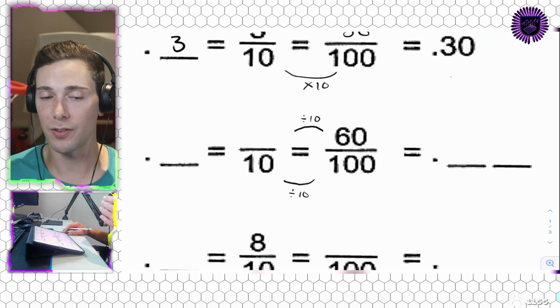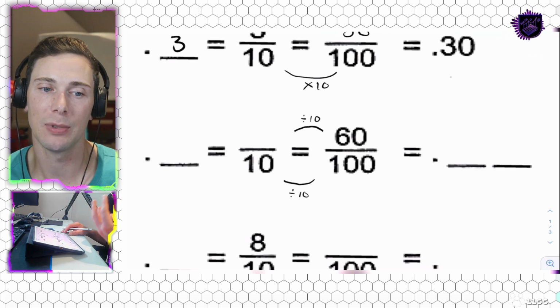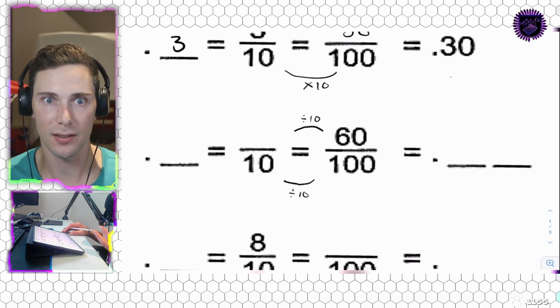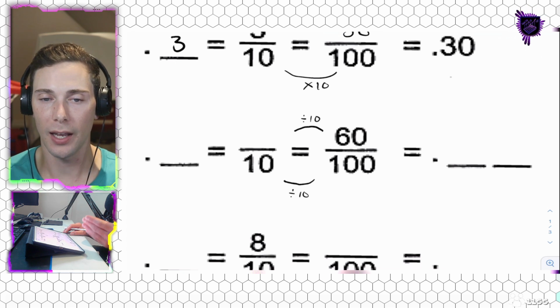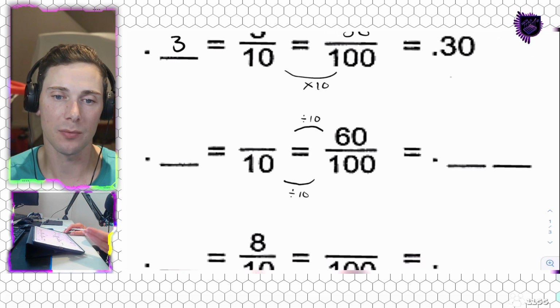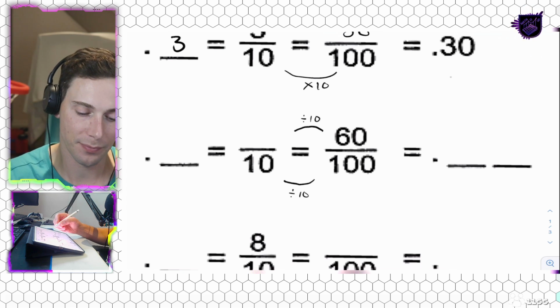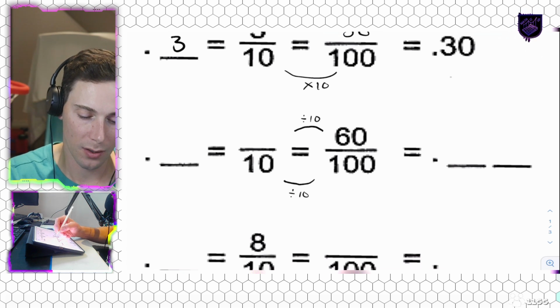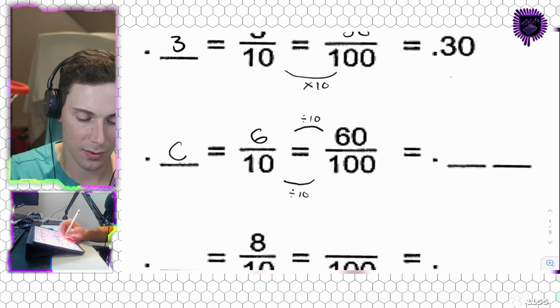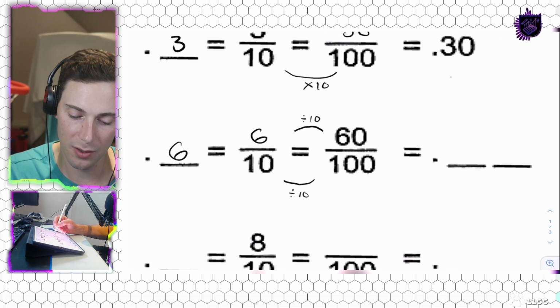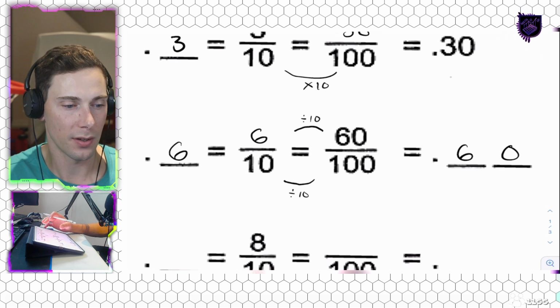Either way, the fraction is going to be equivalent. It'll just be less pieces, the whole and the part will both be made up of less pieces, but you'll have the same amount of whatever it is. So this will be 6 and 6 there. Decimal 0.6, 60/100ths is going to be 60. There it is.